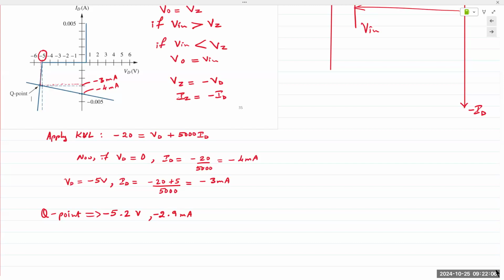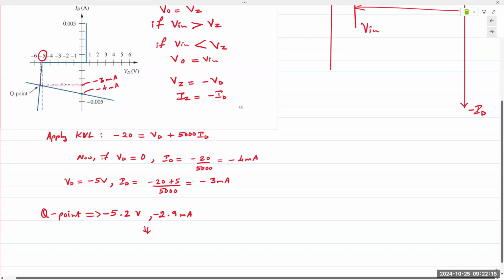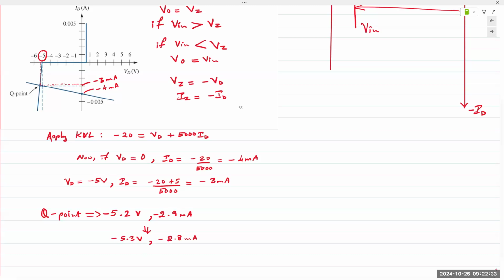Exactly. And as I said, in this case, if I was to base my values solely on this graph, I would probably even say these could go to maybe 5.3 perhaps, and also minus 2.8. So if I presented something like this, I would consider both values to be correct because we are, again, as we said, eyeballing the values.